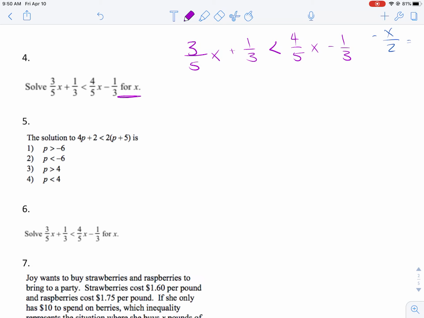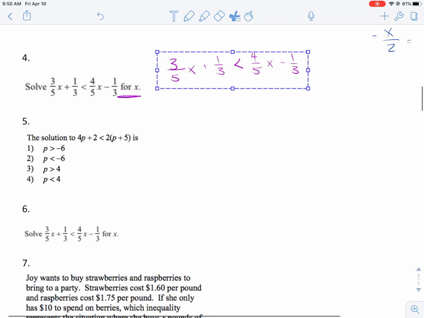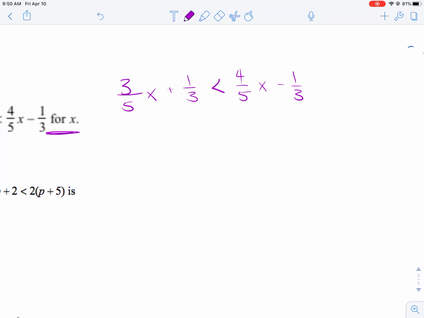So what's cool about this one is that we don't have to worry about changing fractions so that they have common denominators. All we have to do is get the x's on one side, get the constants on the other, and go from there.